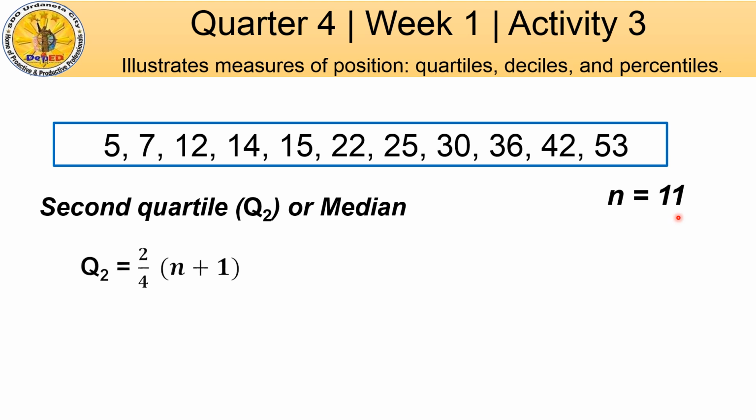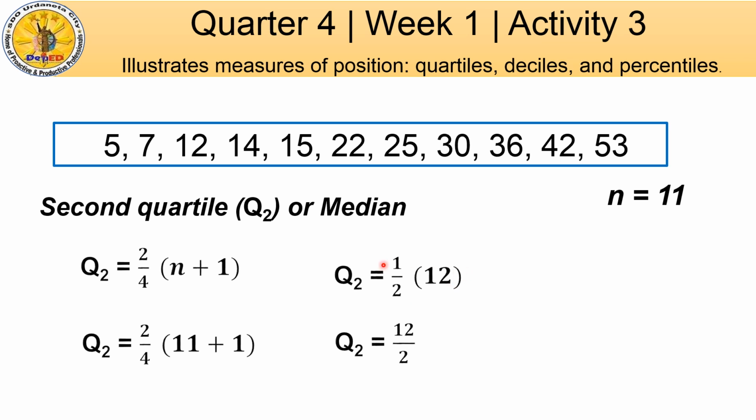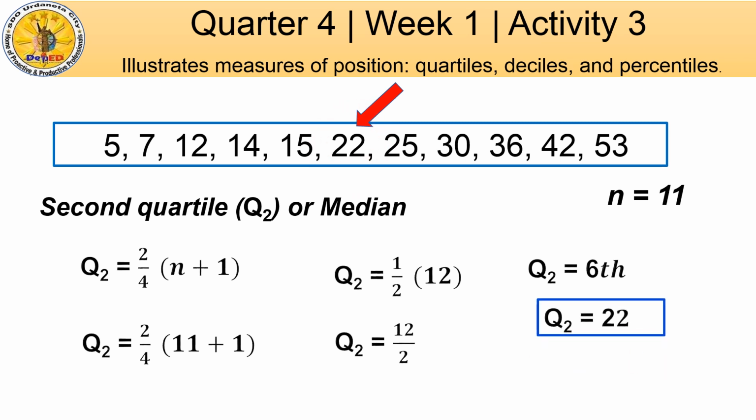Replacing n by 11, that is equal to 1/2 of 12, since we simplified 2/4 into 1/2. That is equal to 12 divided by 2. Then your second quartile is located at the sixth data: 1, 2, 3, 4, 5, 6. This is the sixth data value. Meaning to say, this is the value of your quartile 2, which is 22.